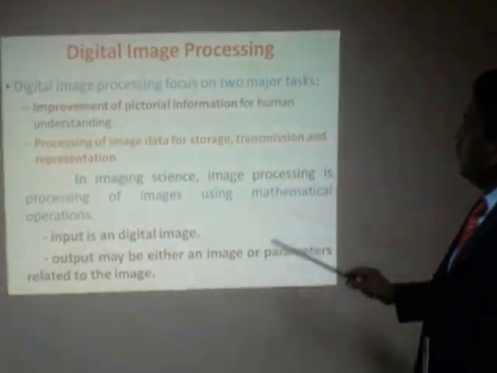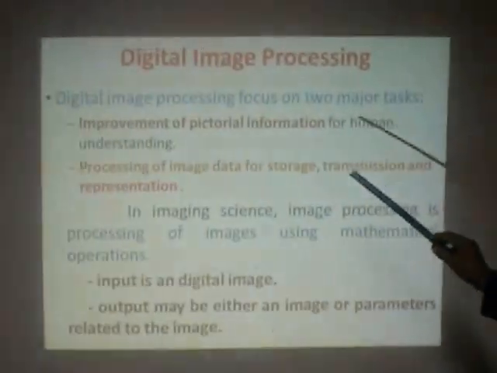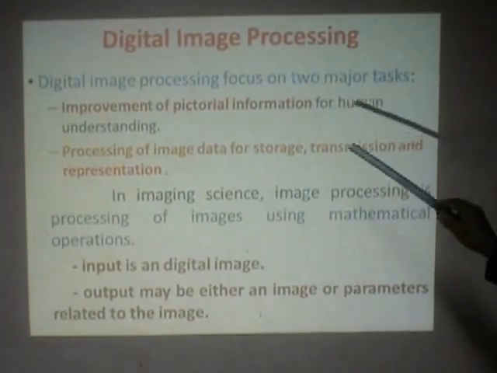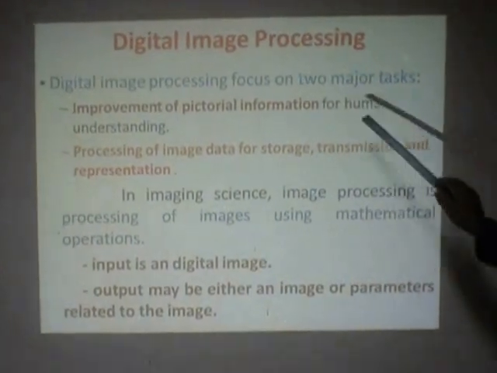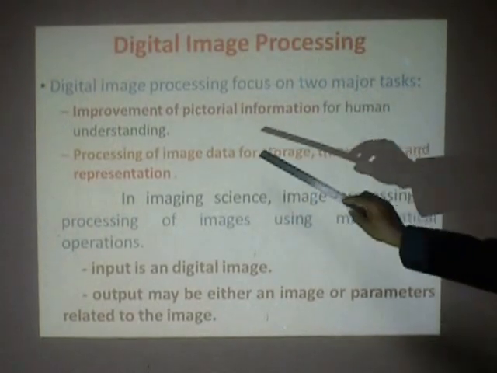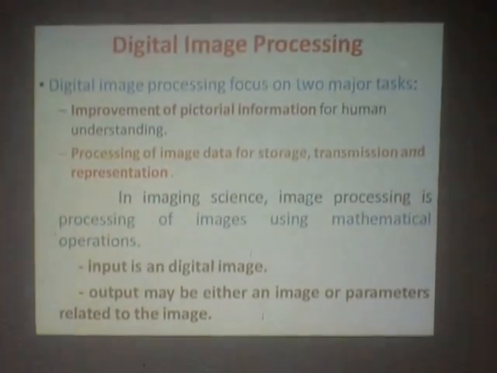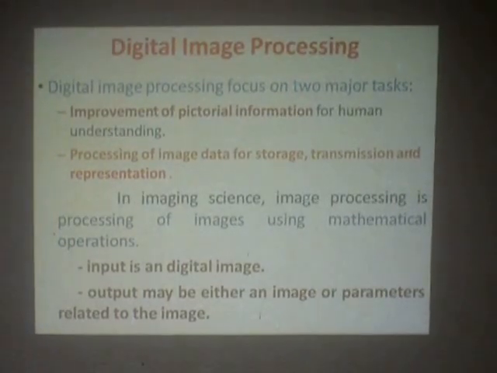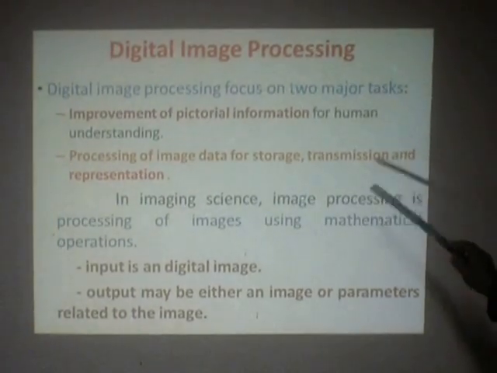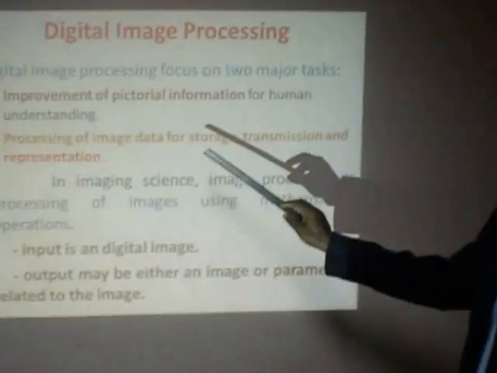So, we will move into digital image processing. Here, we have to concentrate on two major tasks. The first one is the improvement of pictorial information for human understanding. The second is the processing of image data for storage, transmission, and representation.